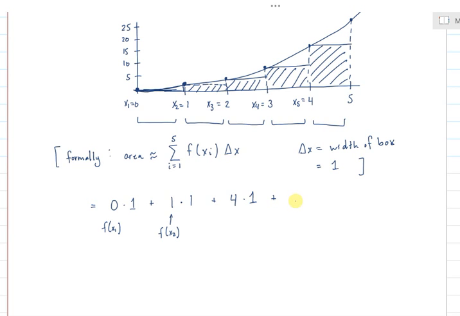For the fourth box, my height is 9, and my width is still 1. And for the last box, my height is 16, and my width is still 1. So I have 0 plus 1 plus 4 plus 9 plus 16, which is 30. This is not an extremely accurate estimate of this integral, but it's showing that you know what a Riemann sum is.